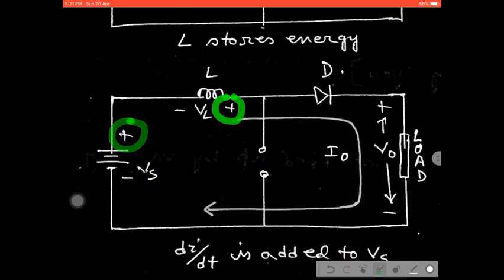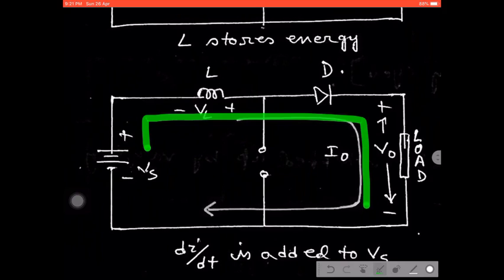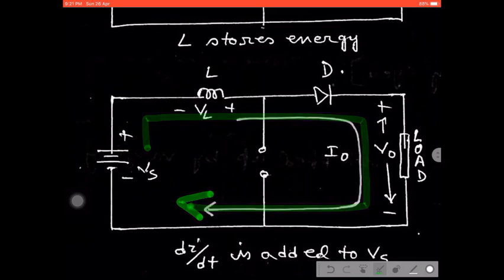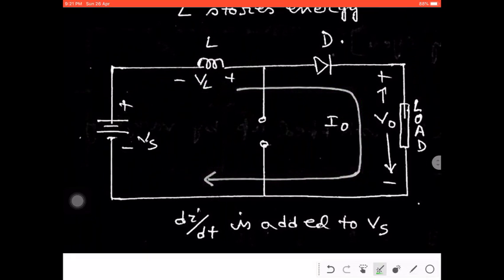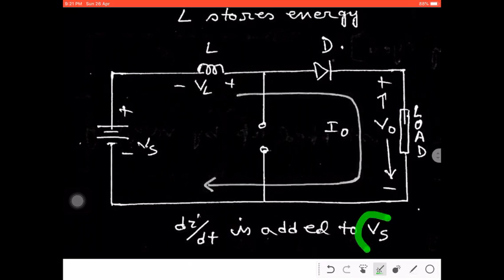That is why the total voltage, Vs plus L di/dt, appears across the load as the current starts flowing in this direction. That is the total supply voltage Vs added to the energy stored inside the inductor, L di/dt.